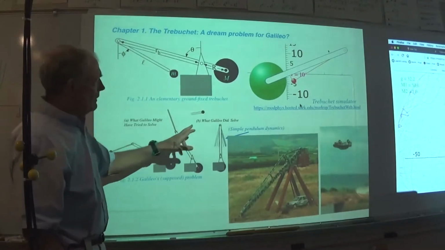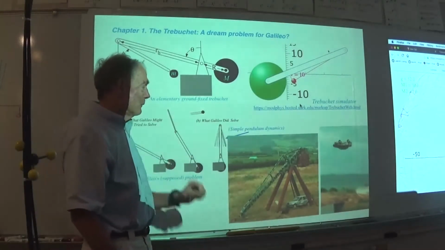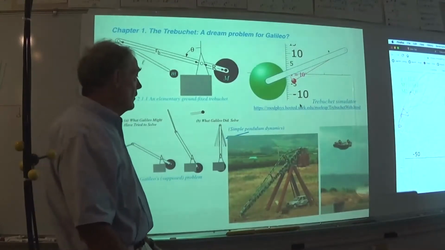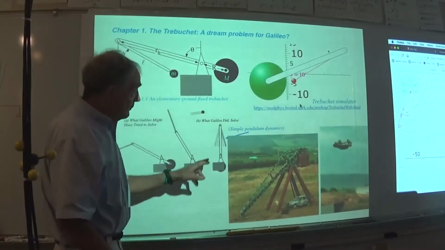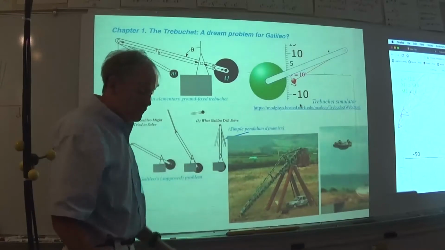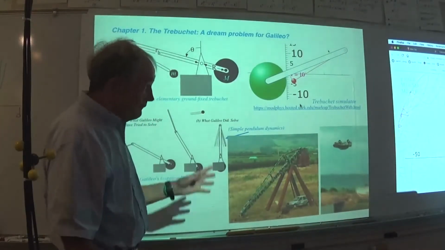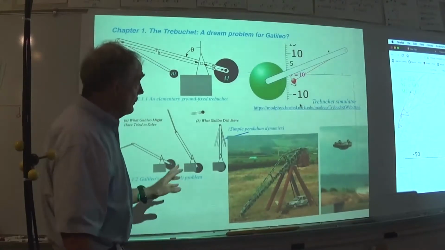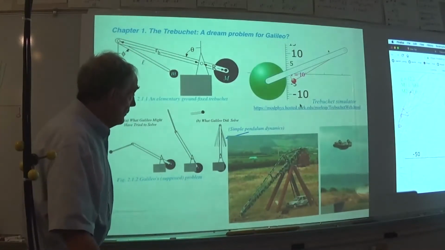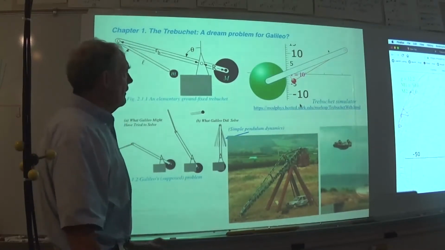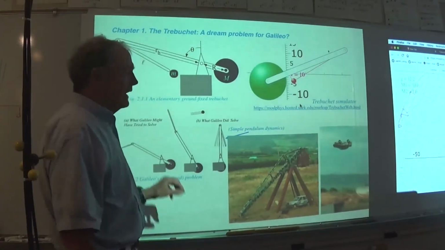Well, we all know what Galileo did do, and that was look at pendulums that were made by lanterns in a cathedral, and he was very famous for working out the basic ideas of pendulum, some of which we've looked at already. But the question is, why wouldn't Galileo be able to do that?